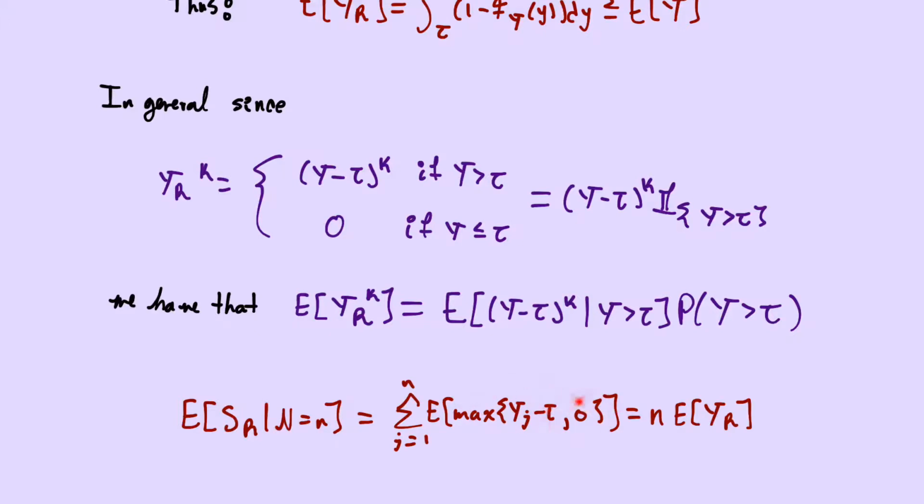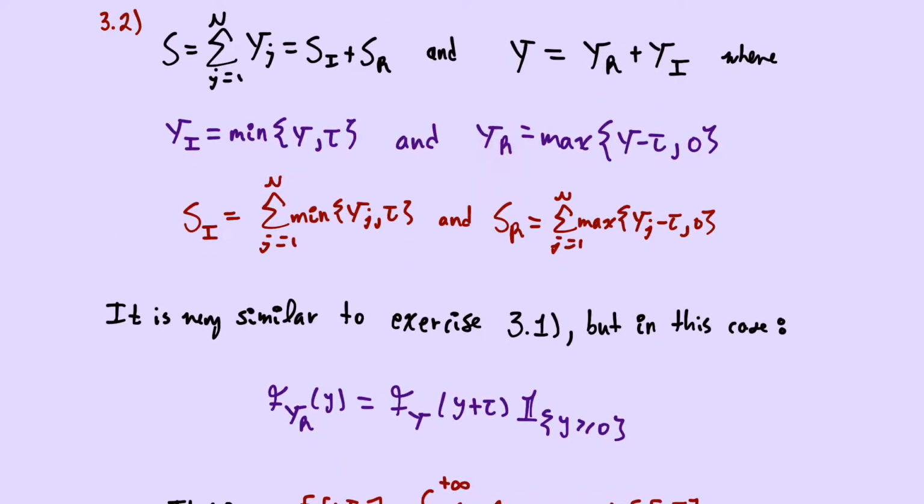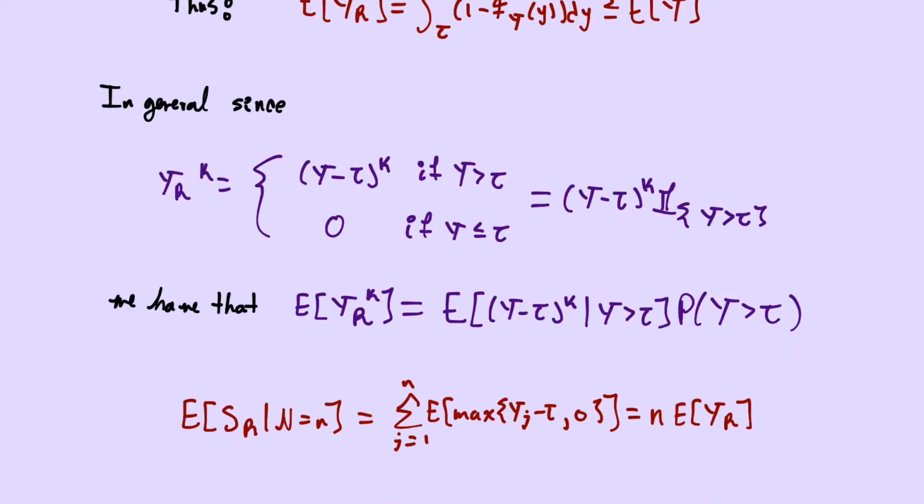And since the Y_j are identically distributed, it is not very difficult to see that these other random variables, the Y^R for example, would also be identically distributed.